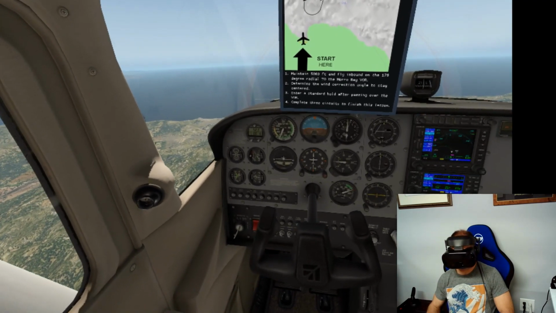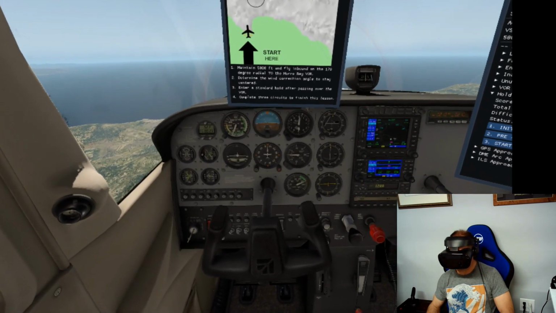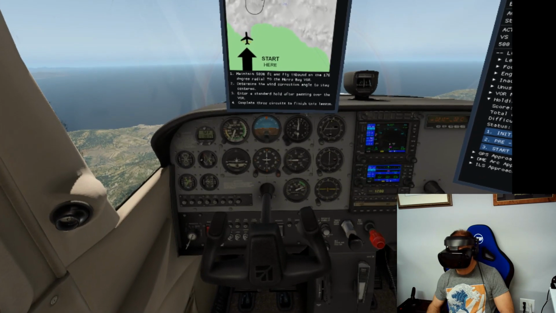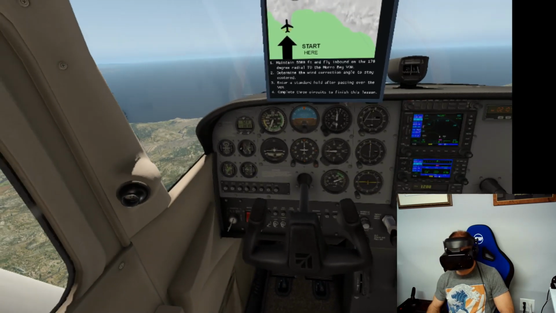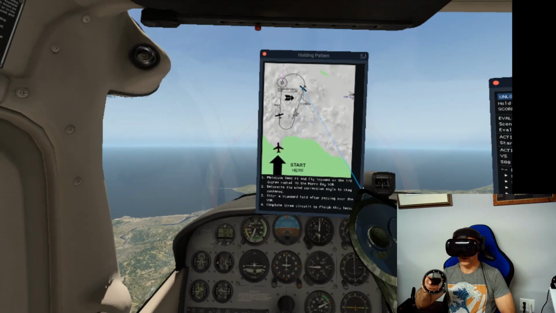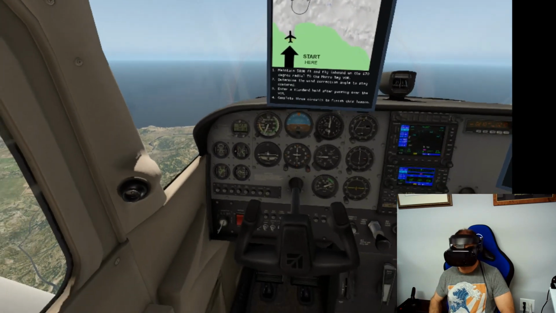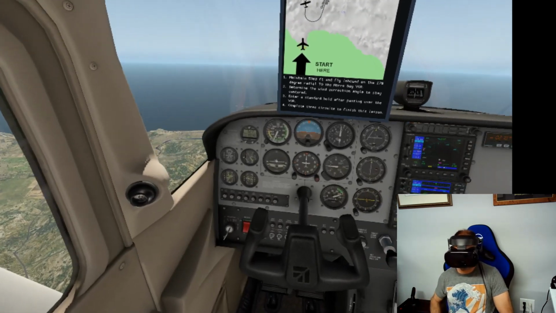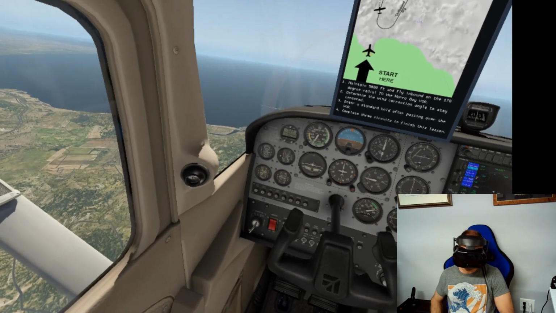And I'm gonna go with about 55 seconds because I was over a minute on my last inbound leg. So now I'm currently outbound again with my wind correction angle, and I'm looking for 1 minute on the timer, or I'm sorry, 55 seconds on the timer.